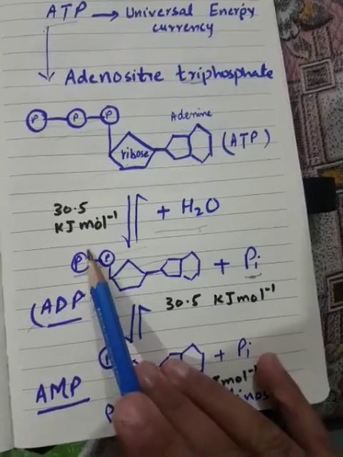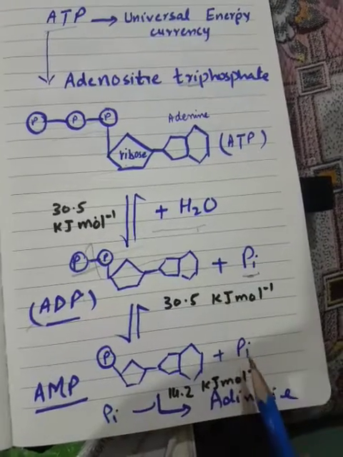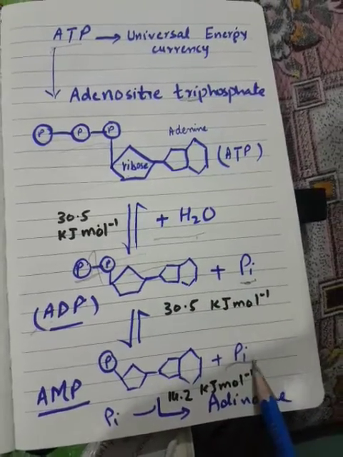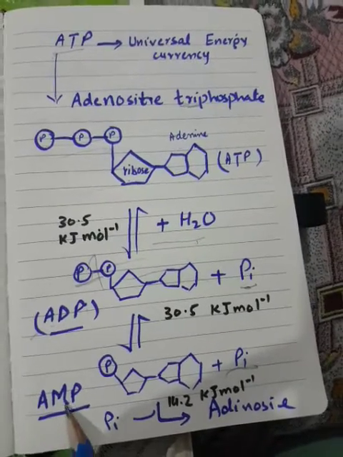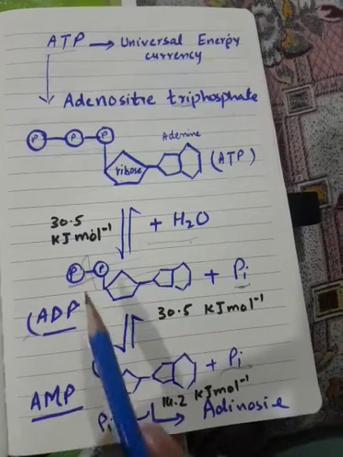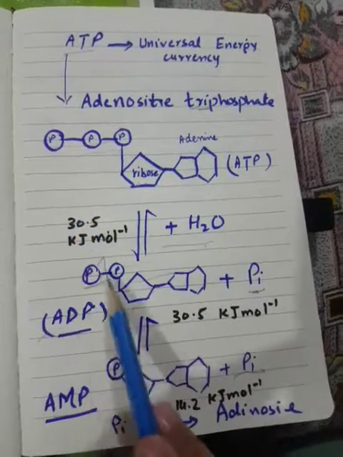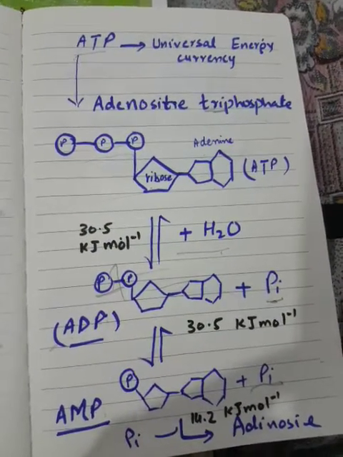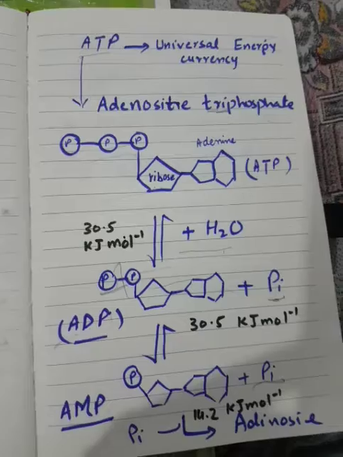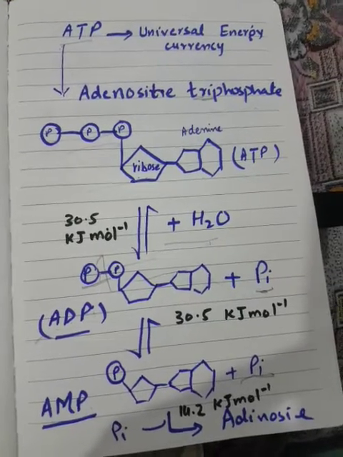Similarly, when this bond is broken, another inorganic phosphate molecule is released, and now we are left with adenosine monophosphate. So this is how bonds are broken and energy is released from the ATP, which is utilized in the cell to carry out different functions.